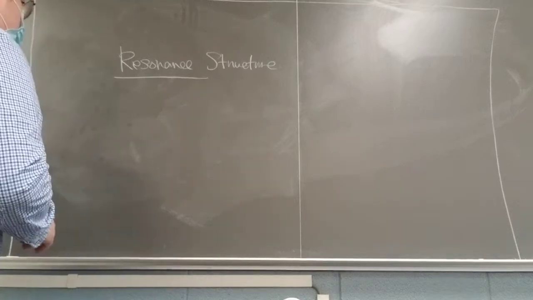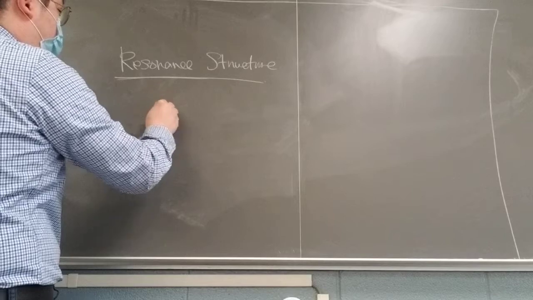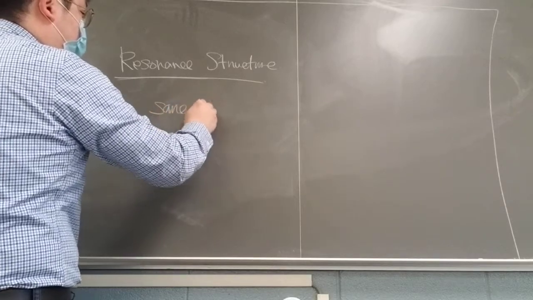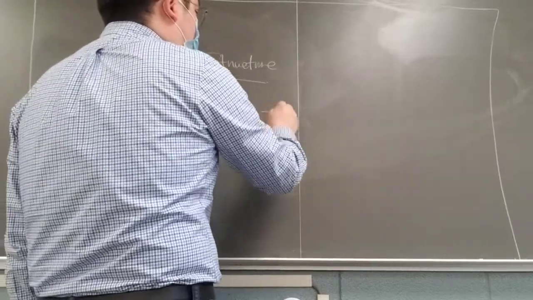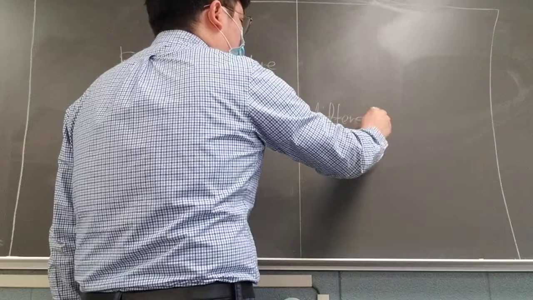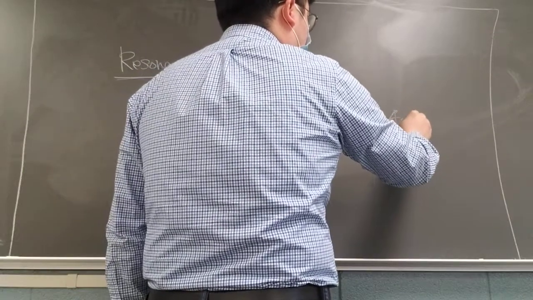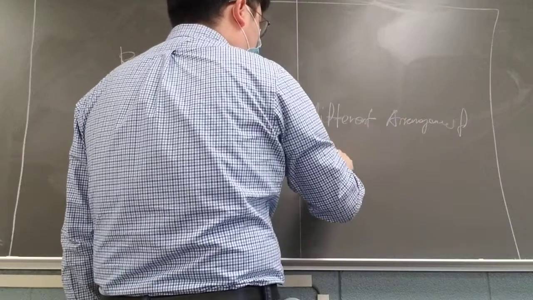So resonance forms are the same compound, but they can show you a different arrangement of a pair of electrons.